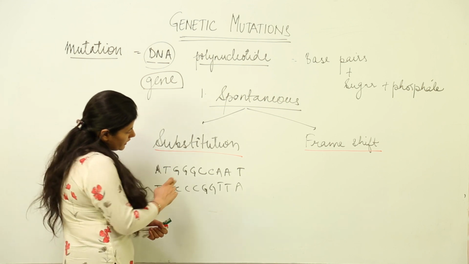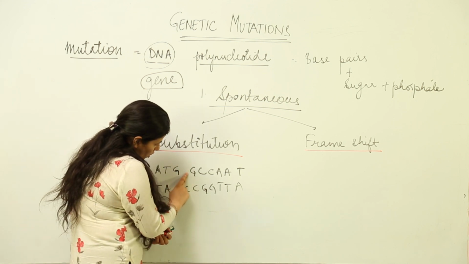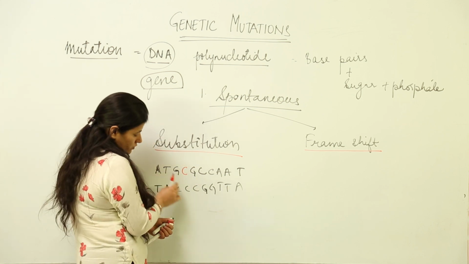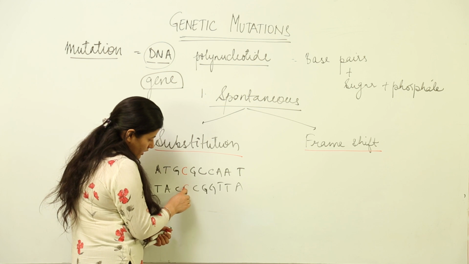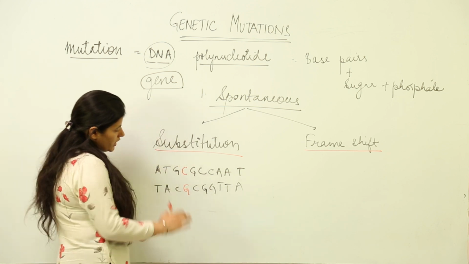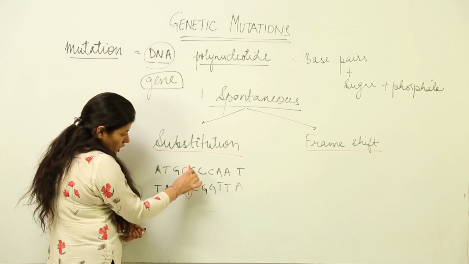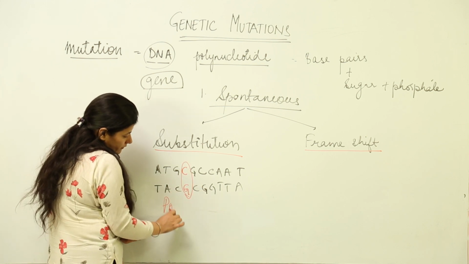Now supposedly this G got replaced by C. So in order to maintain the complementarity, G comes over here, it is altogether changed. The meaning would be changed. This is known as point mutation.